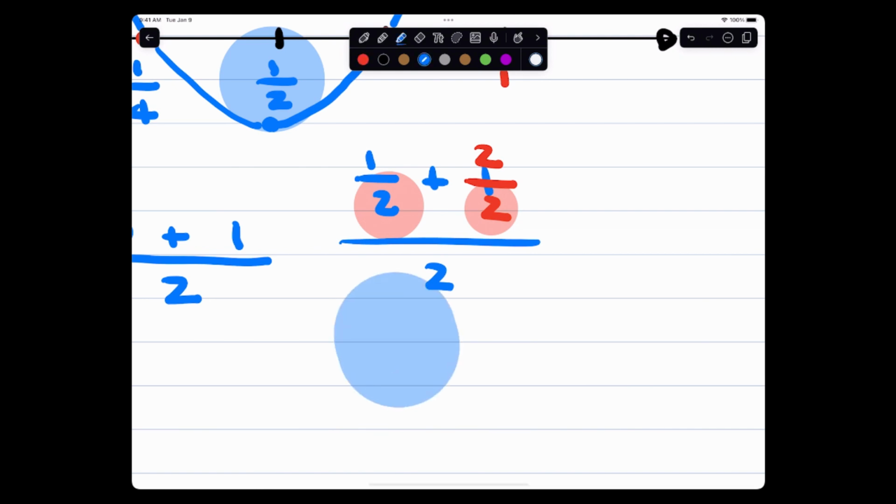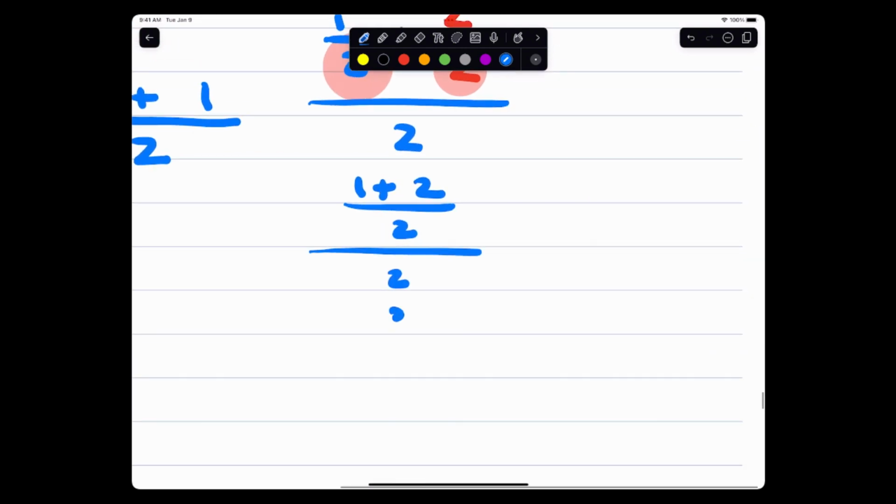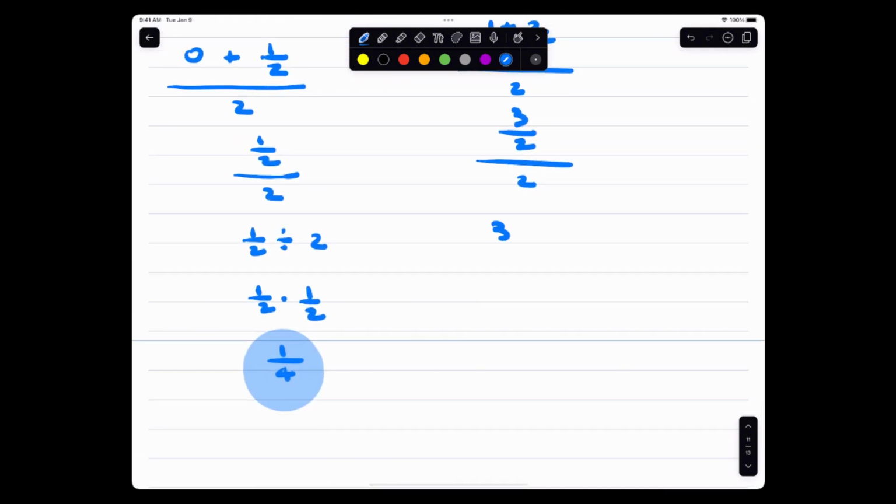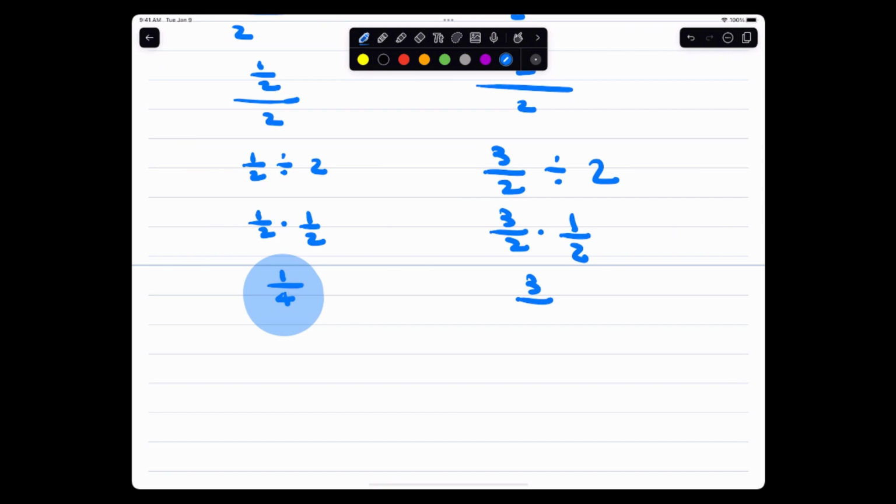So you get 1 plus 2 over 2, divided by 2. 3/2 divided by 2, which is 3/4.